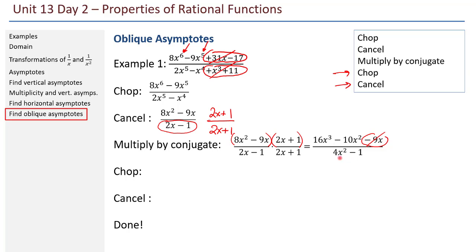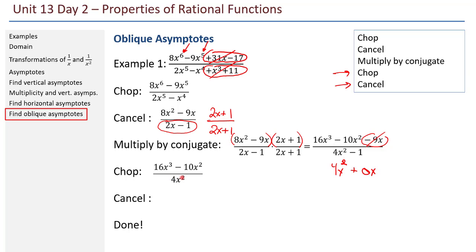And on the bottom, the top 2 terms ought to be 4x squared, and if there's an x, so sort of like a plus 0x. And so after chopping, I get 16x cubed minus 10x squared just over 4x squared. Since there's no actual x term, it just stays the 4x squared.